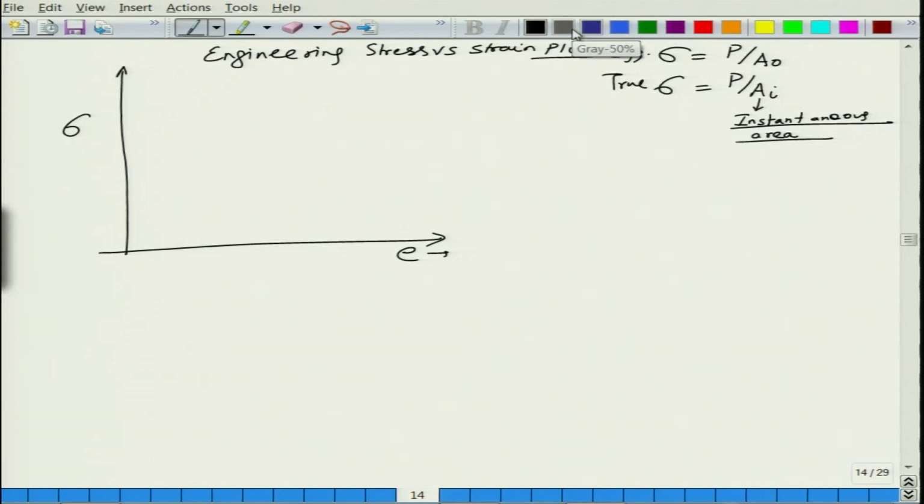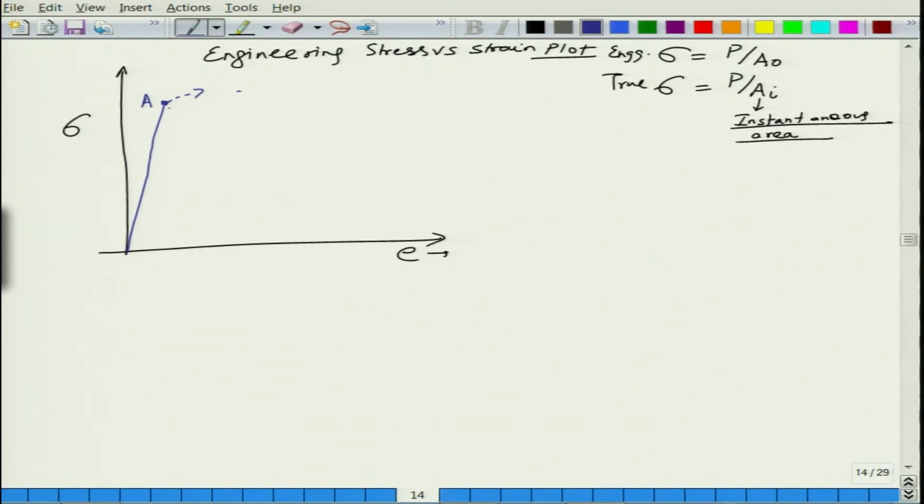In solids which are crystalline in nature, generally the stress strain plot is like this, and it continues. It is linear up to a point A, and after that non-linearity sets in, and we will see the behavior of this plot later on.